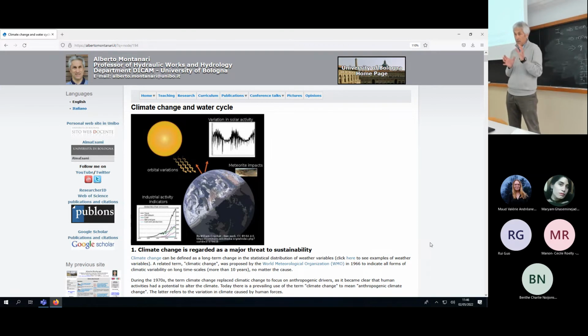This is the typical approach of the engineer, to rely on data, to stick to data, analyze the data, and get a good knowledge of the current situation. And then you project this knowledge into the future. The approach of a person whose mission is mitigation of climate change is different.